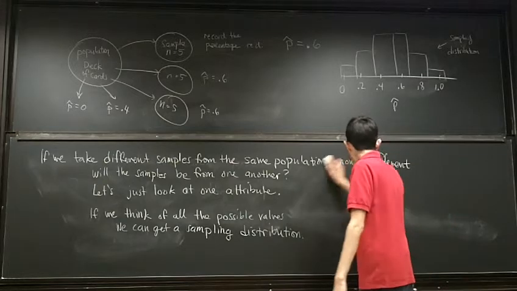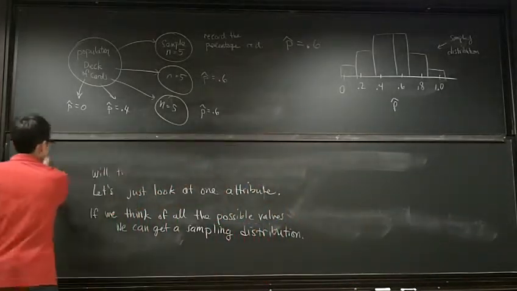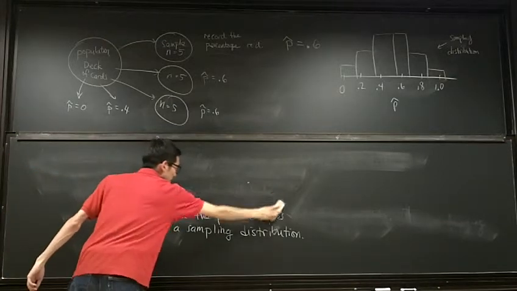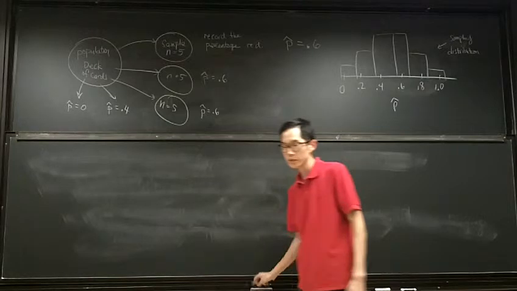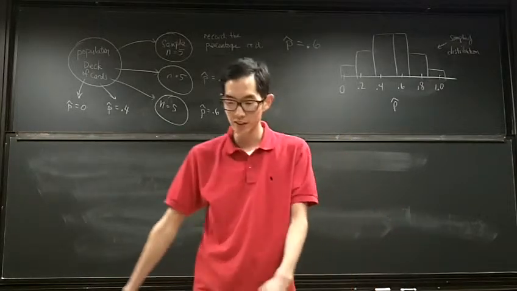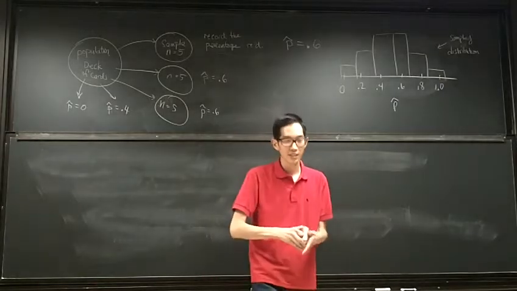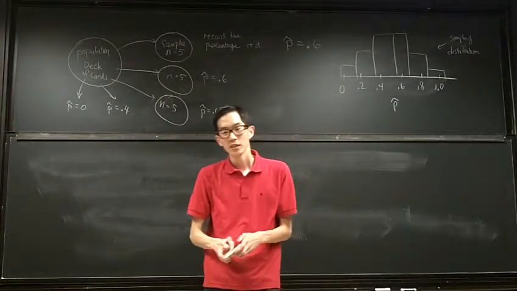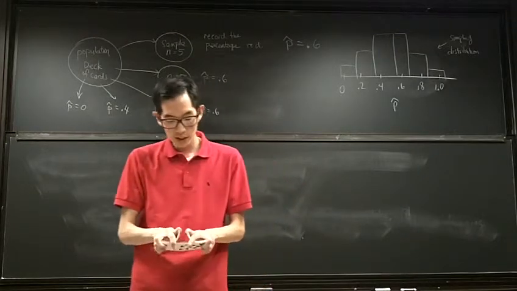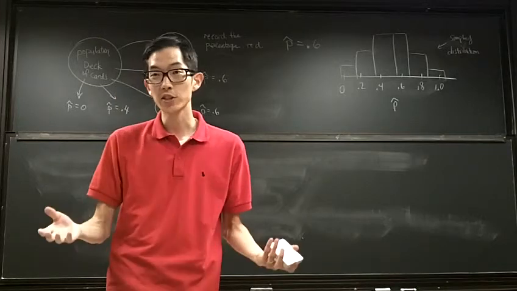What if I bought 10 decks? Or we go to Vegas and they've got the shoe where they've got 8 decks stacked in there. So just imagine I've got a pile of cards, and let's say I decided to draw out 20 cards at a time.